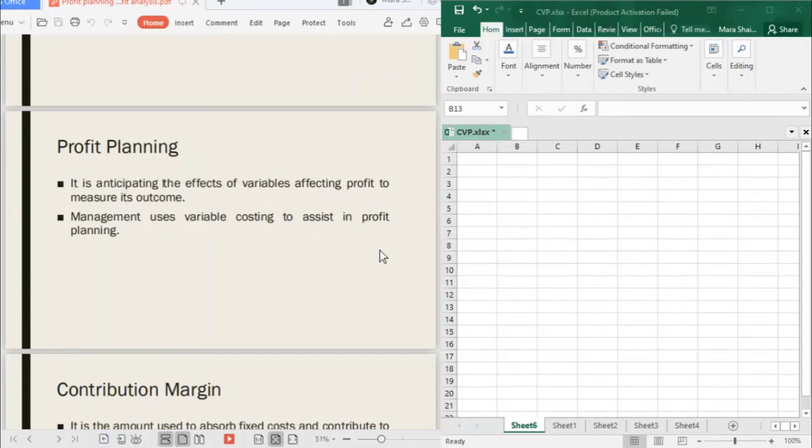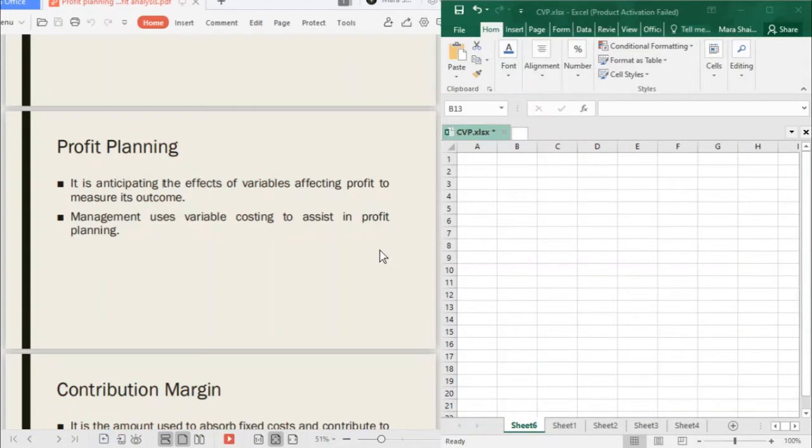You already know how to classify a fixed cost and a variable cost. You already know the methods on how to identify how much is allotted for variable cost and how much is the fixed cost. So you already know those processes in relation to cost.